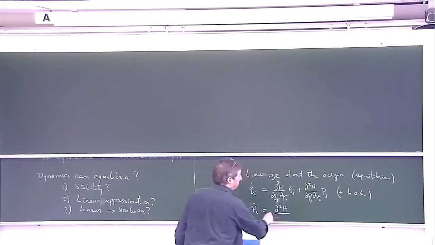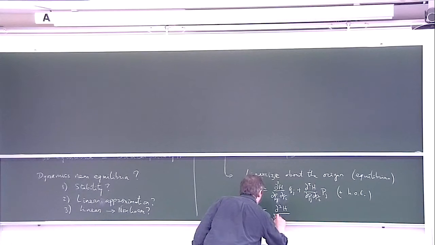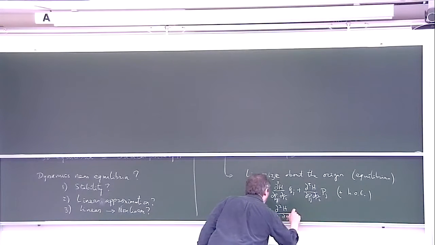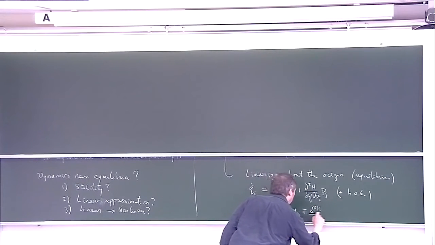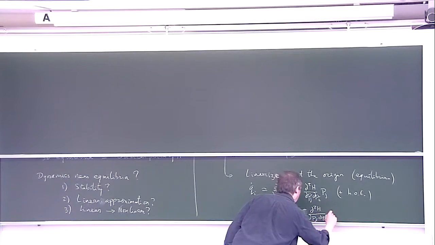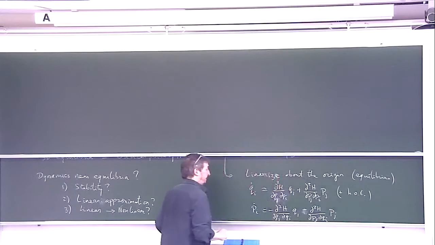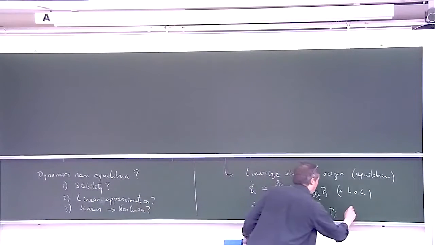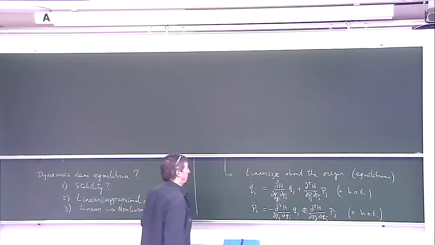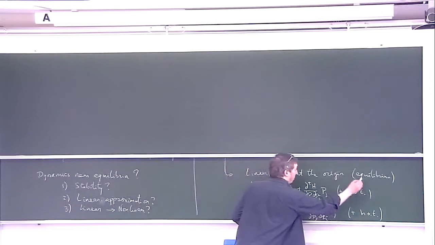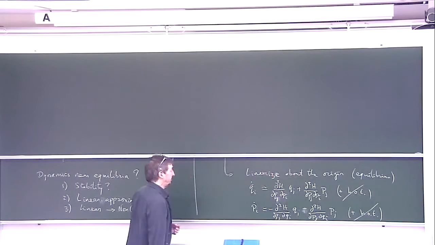The entries are second derivatives: d2H dq, minus d2H dpi dpj. So we're going to linearize, so we ignore the higher order terms.